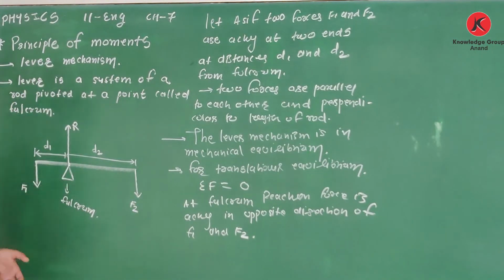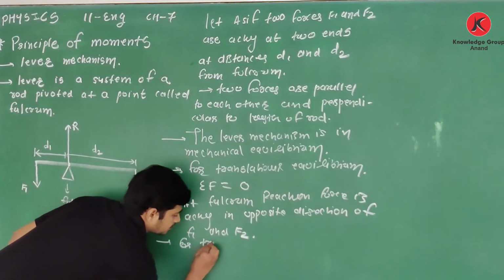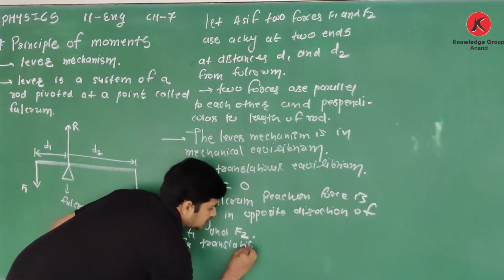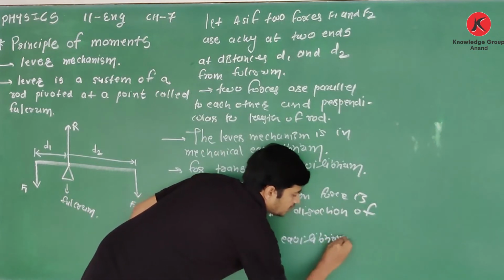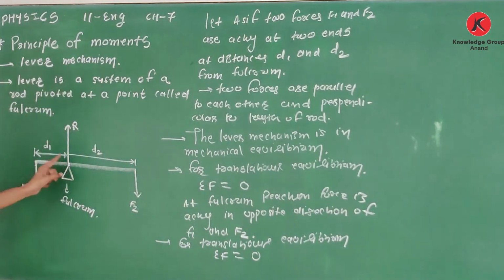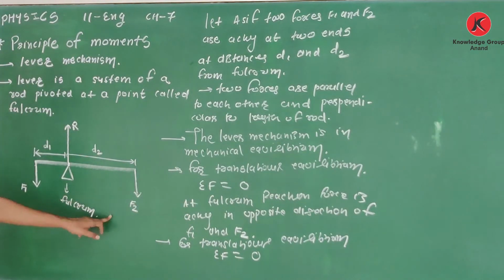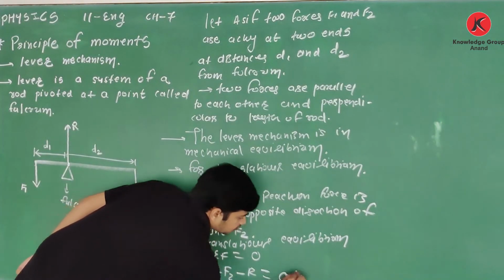Now for translational equilibrium, how to write? Sigma F is equal to 0. There are three forces in this system, F1, F2 and R. F1 and F2 are in the downward direction, while R is in the upward direction. Taking downward as positive and upward as negative, I can write F1 plus F2 minus R is equal to 0.